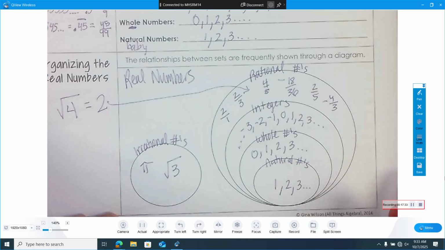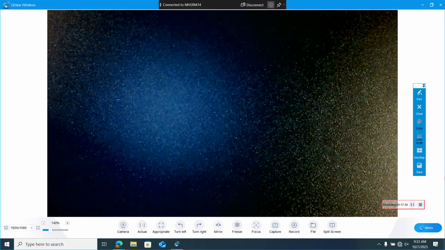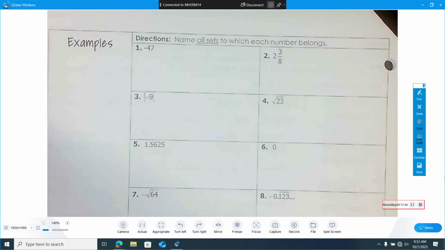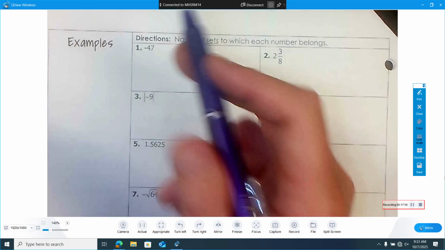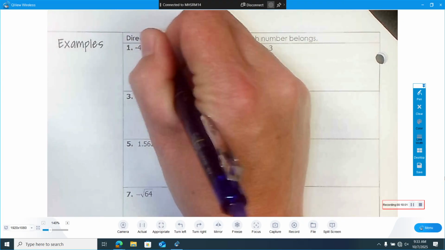Okay. All right. So let's talk some more here. Let's turn the page. All right, we want to name all the sets to which each number belongs. -47. It is definitely an integer.